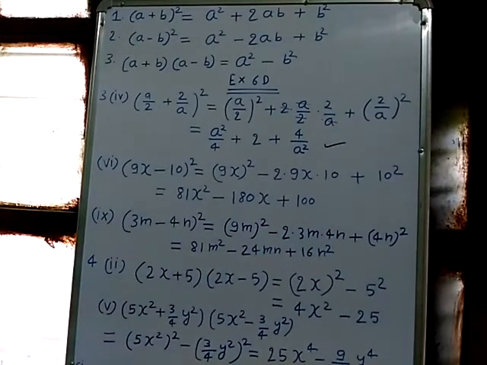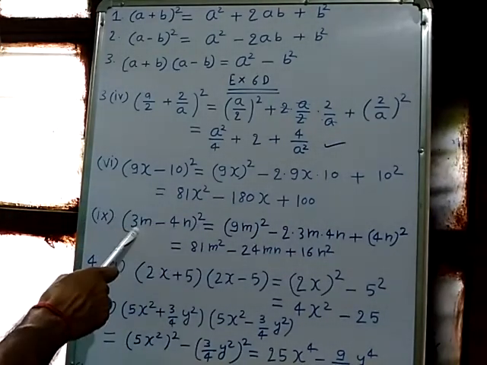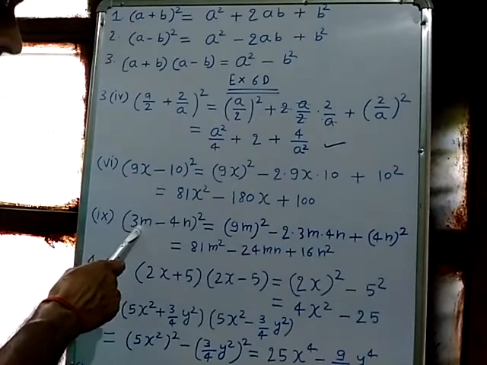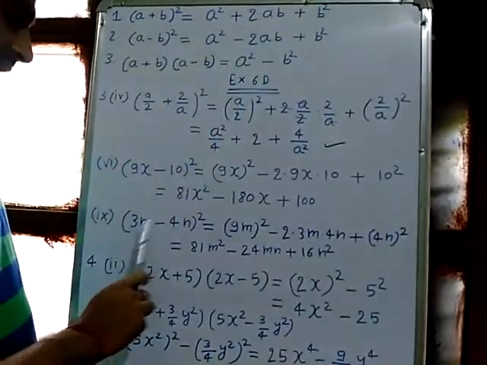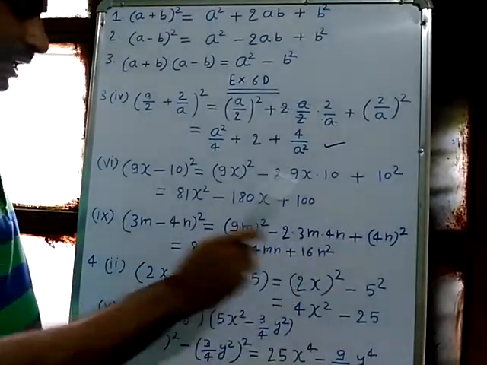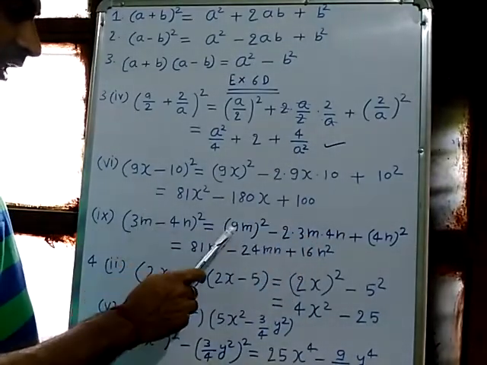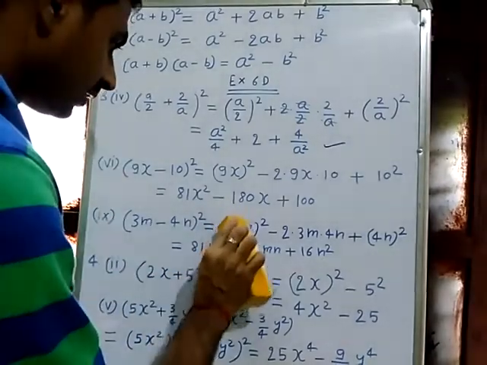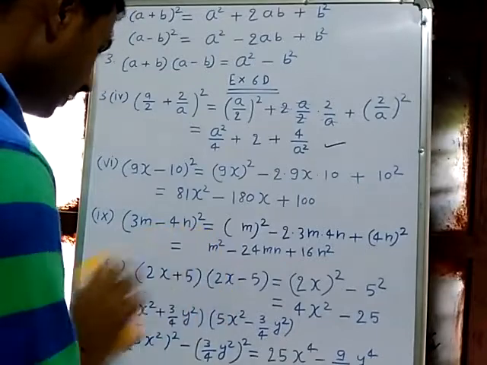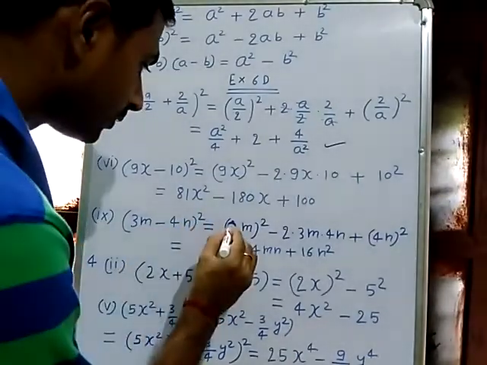Next, the ninth one. Again, find 3m minus 4n the whole square. So once again, the second identity, a square minus 2ab plus b square. So what is a? 3m. Sorry, here I have written 9m by mistake, but it must be 3m. 3m the whole square.